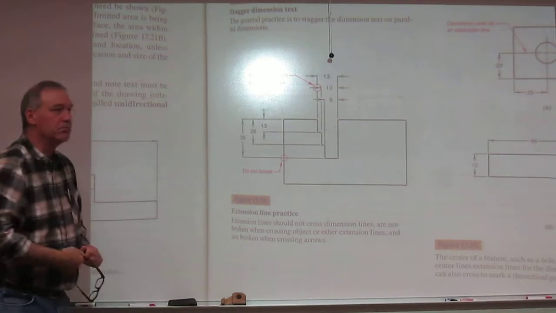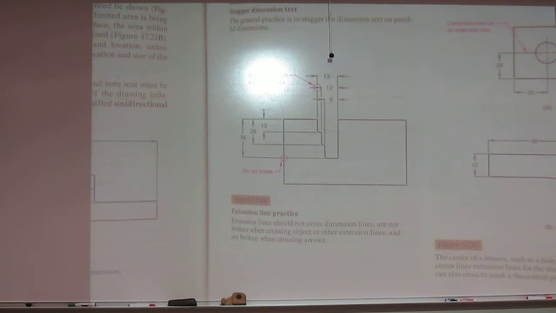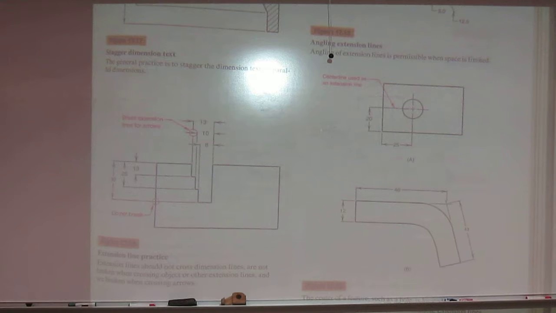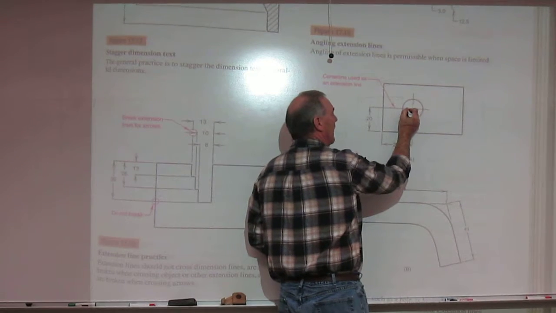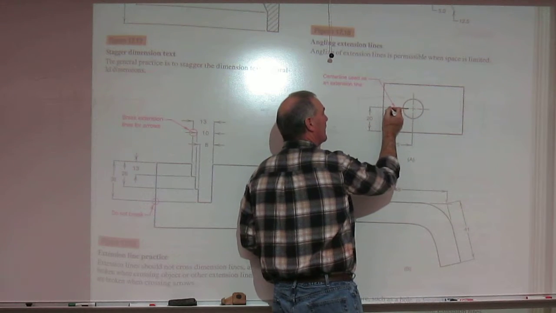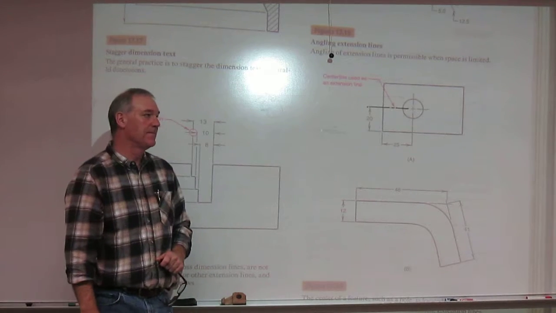The only caveat, and I'm not really going to get into this too much today, we'll get into it at a later time, is that at times we can take this center line and want to break it as a center. So I can take my extension line and make that a center line and use it for an extension.